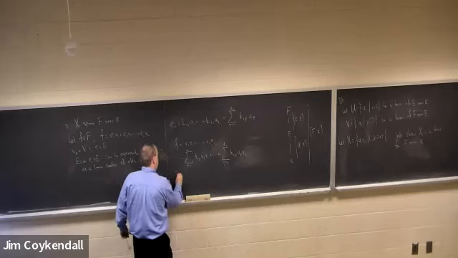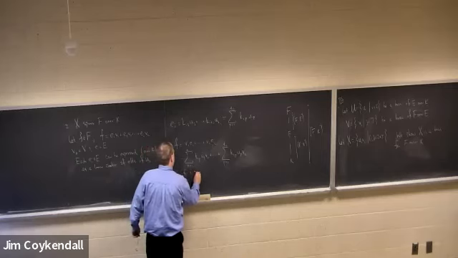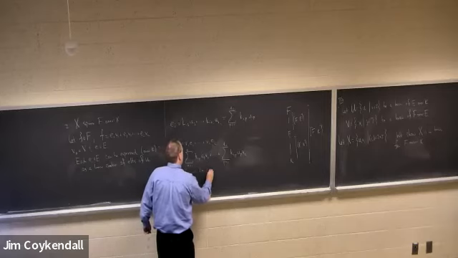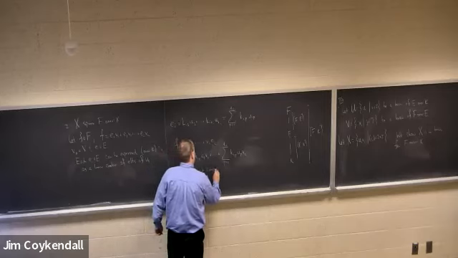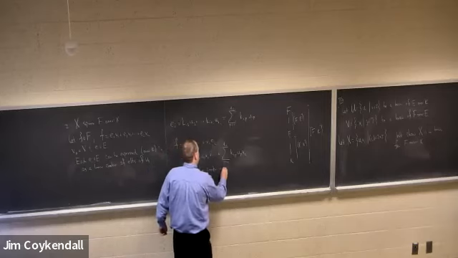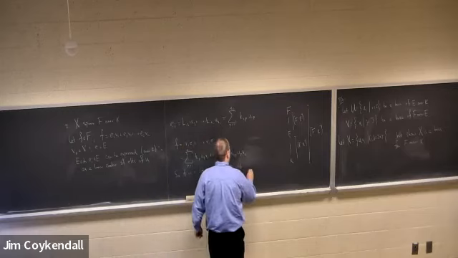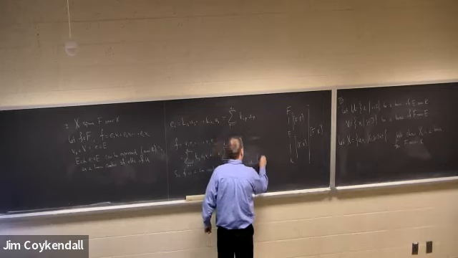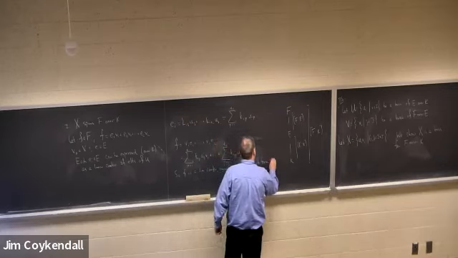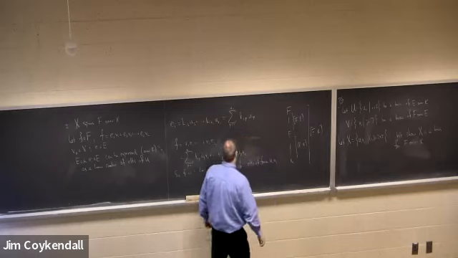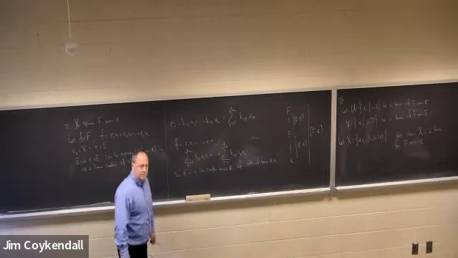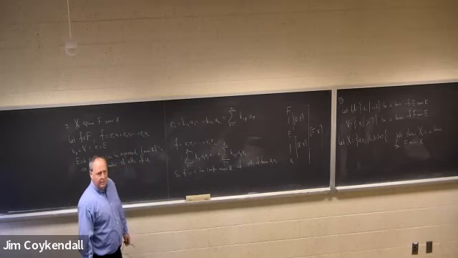So F is a linear combination over K of elements of the form UI VJ. Everybody okay so far?